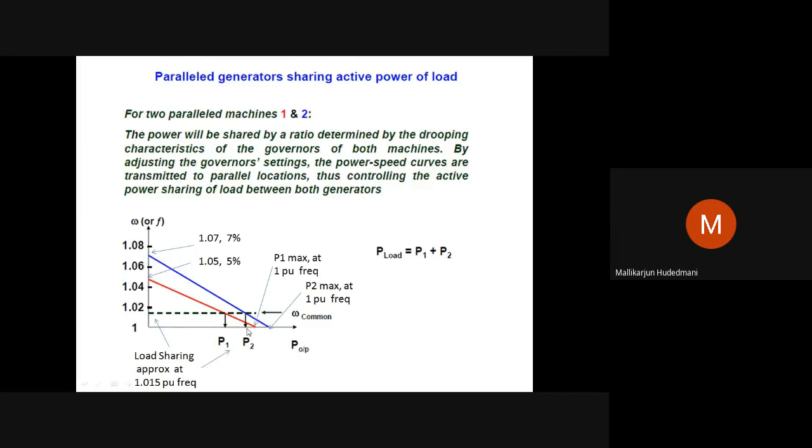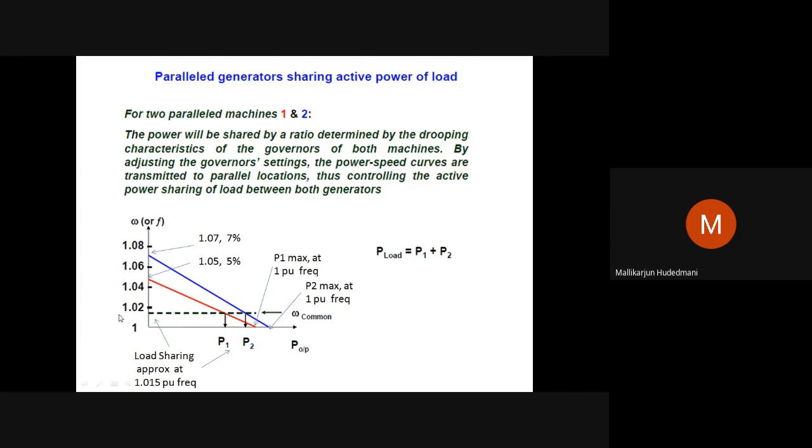So graphically, how can I do this? I can take a scale or sliding line, and move this dotted line up or down, such that the values of P1 and P2, when I add them together, should become P load. This is called a graphical solution of the problem. I should have the slope of curve 1, machine 1, and machine 2 plotted with this dimension, and know what load you want these two to operate, and what the prevailing frequency would be.